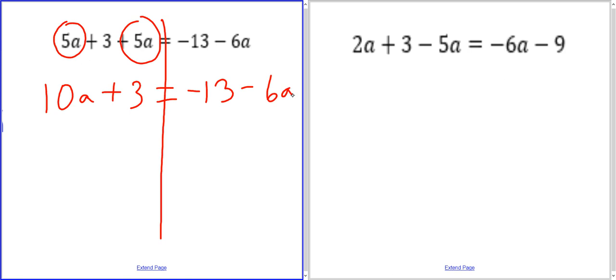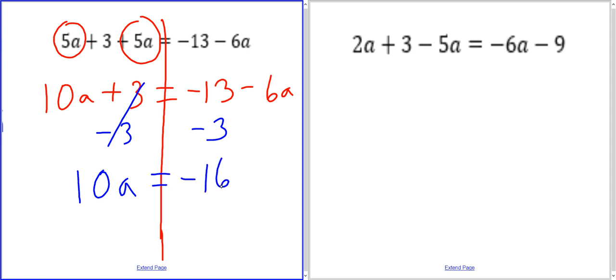Now, this is very similar to the ones that we were just solving. So now you're going to solve this for a. So we could first subtract 3 from both sides. So those 3's go away, and I'm left with 10a equals negative 16. Guys, these are like terms, so that's why I'm subtracting those two. Negative 13 minus 3.